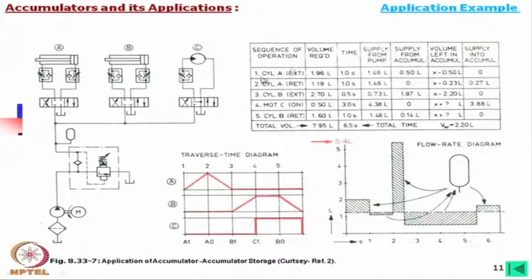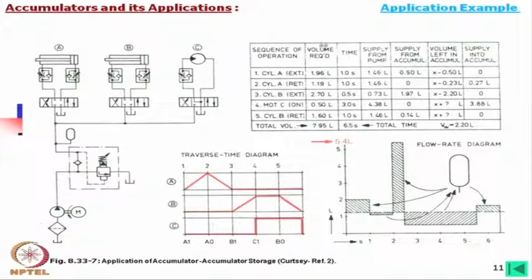Now, cylinder A we are extending. Extending means it is going out, so definitely we put the valve accordingly. That means this side will come here to operate this one. Then the volume required is 1.96 liter. You see, we have used this flow control valve, and this is the requirement, required in 1 second. So, 1 second means this process is almost a polytropic adiabatic process with 1.4.